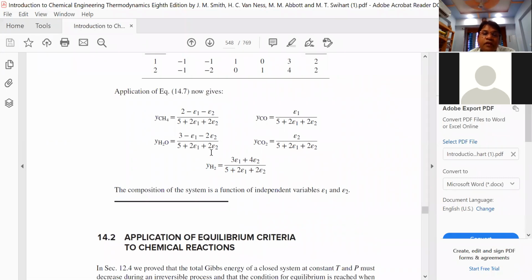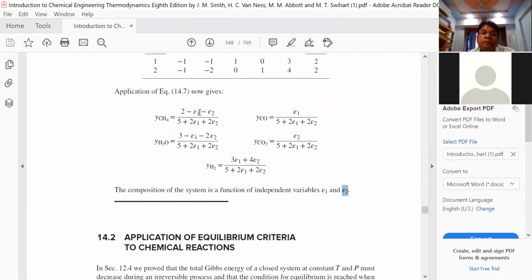And here also there are two independent variables. One is extent of reaction with respect to reaction 1 and extent of reaction with respect to reaction 2. So you will get E1 and E2.